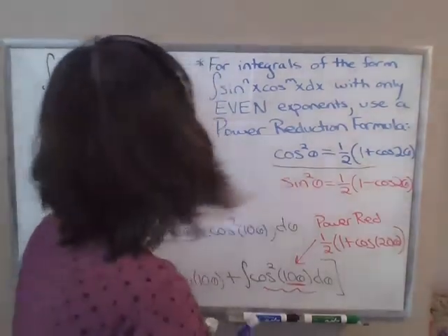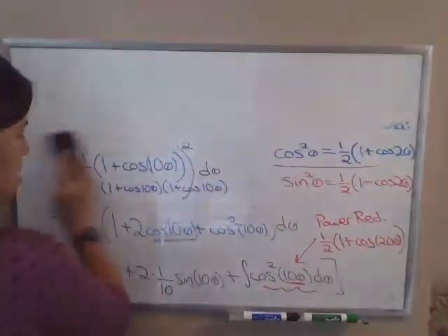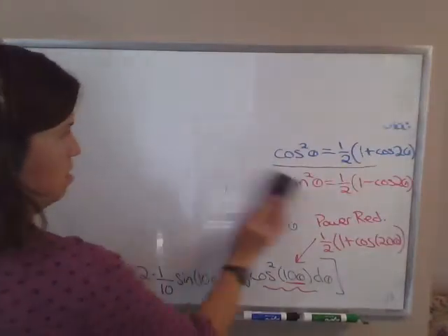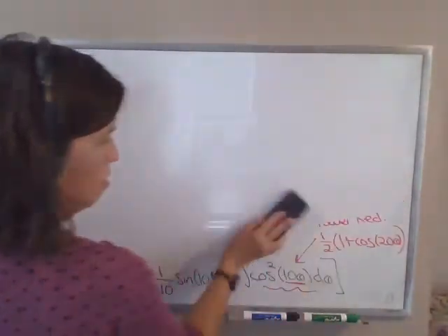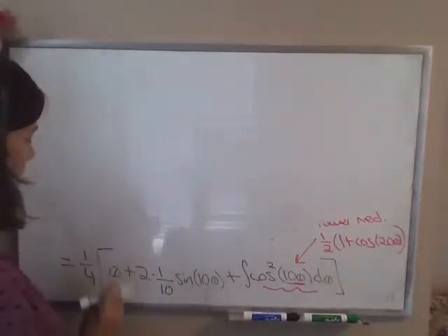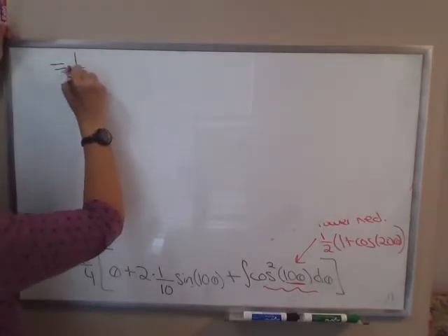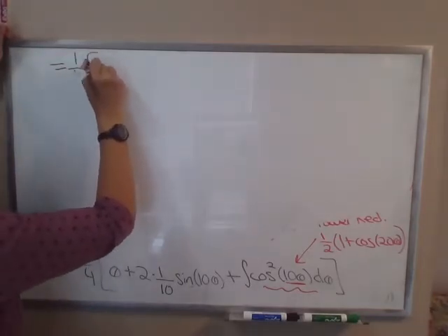But I'm going to erase the board here and write it up at the top. Oops, I almost erased the replacement there. Okay, and be careful. So we still got this 1/4 out front. I'm going to leave it out front still for now.